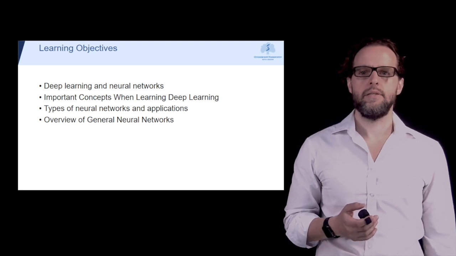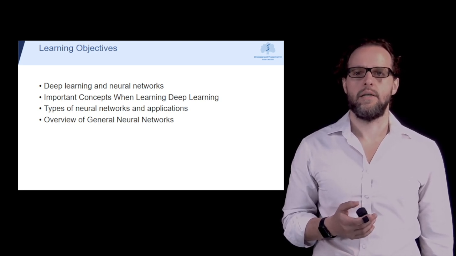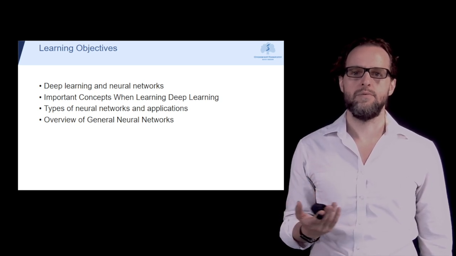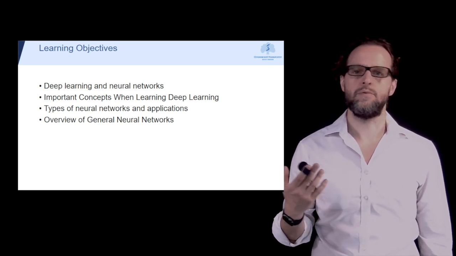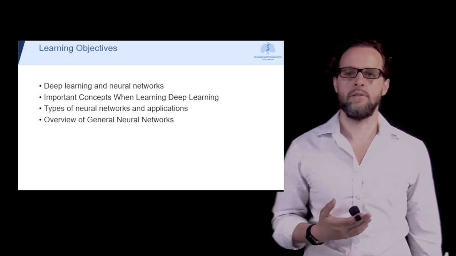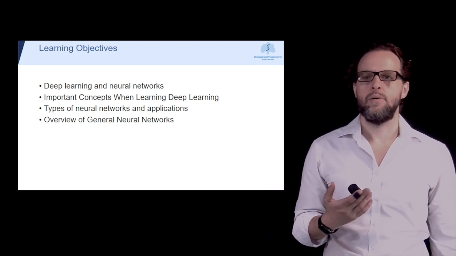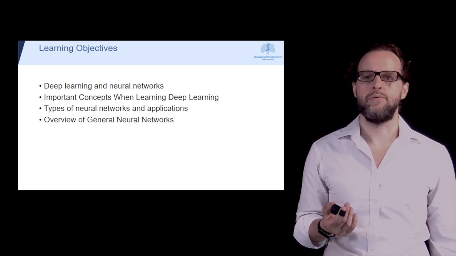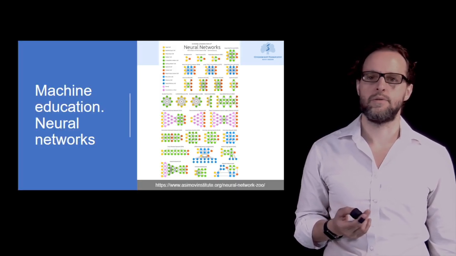And deep learning and neural networks are very important. There are a lot of different types of neural network and different types of applications built on neural network. And we will try to make an overview of general neural network concepts.